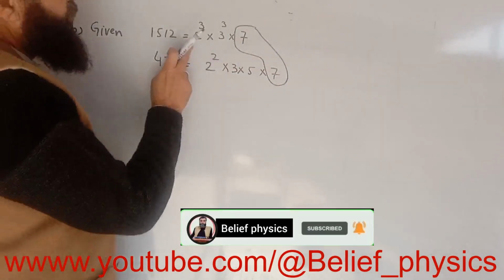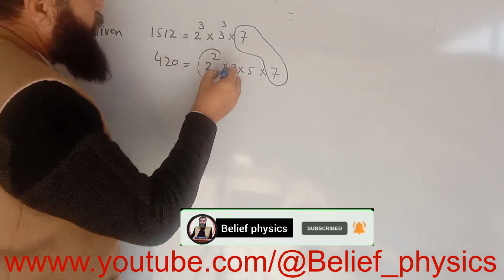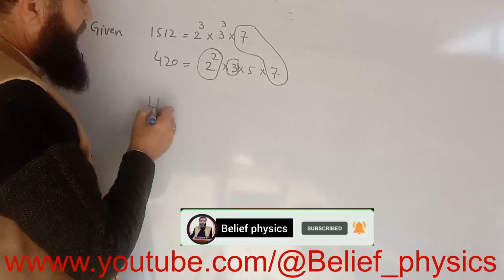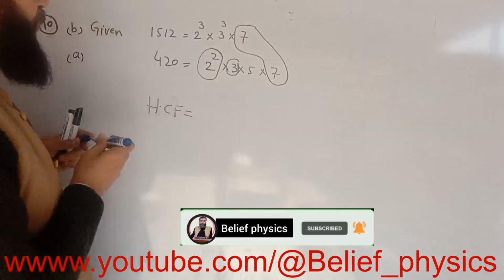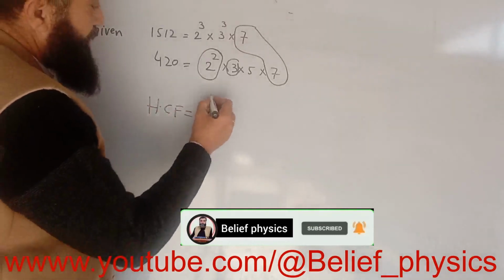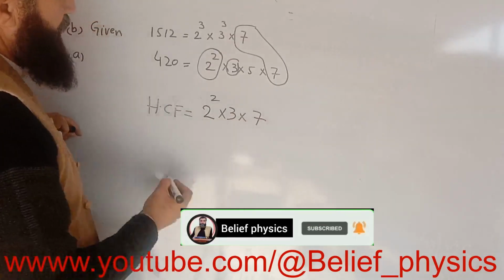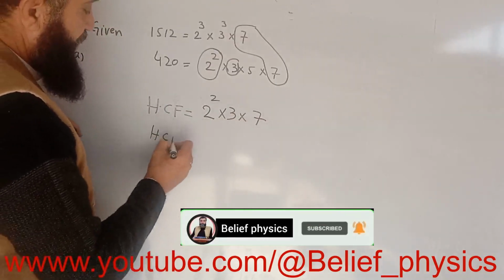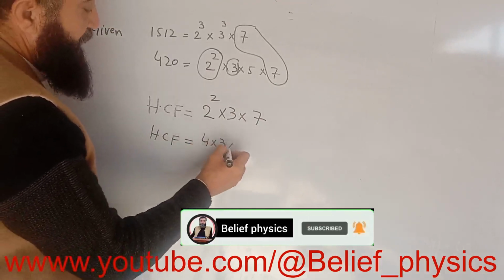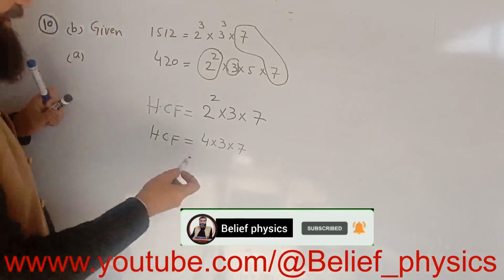It is 2 square here, and 2 power 3 there, so the lower power is common, so 2 power 2 is present in both, and 3 is also present. So HCF will be equal to the product of common factors, which is 2 square into 3 into 7. 4 3s are 12, and 12 7s are 84.